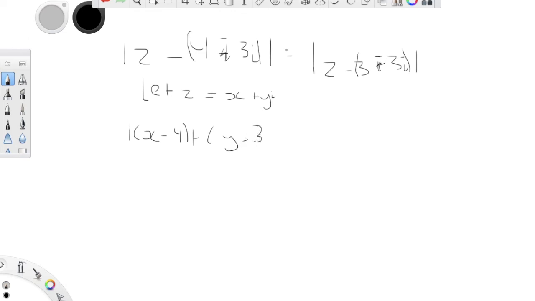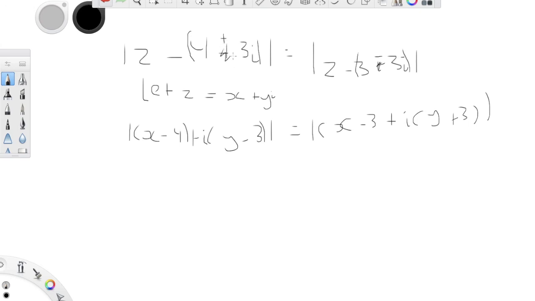Equals, oh, not z, my bad. That should not be a curved bracket, it should be a modulus line. It should be x minus 3 plus, this should be imaginary, sorry, plus y plus 3 i. I just realized that the sign was wrong up here, so this actually is a plus in here.